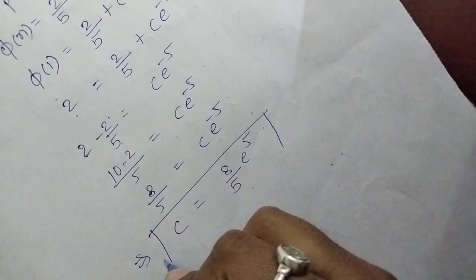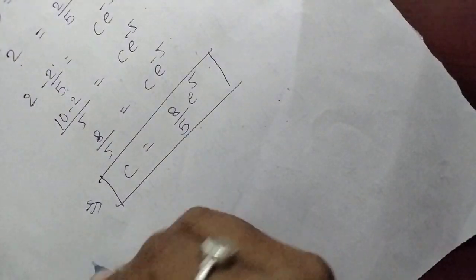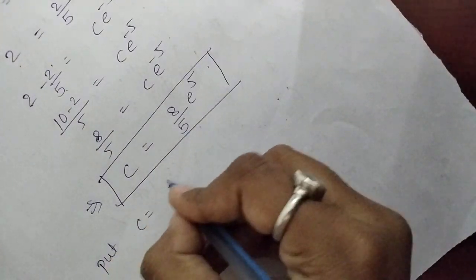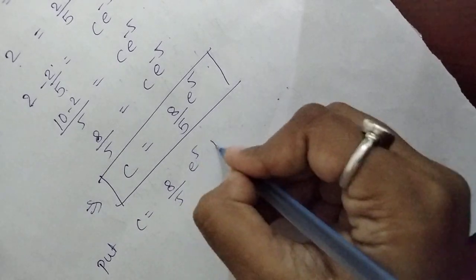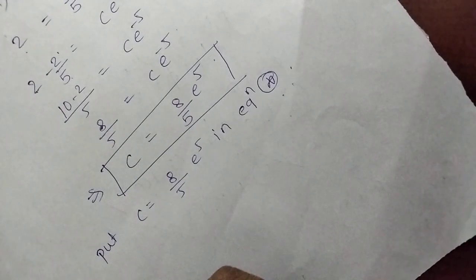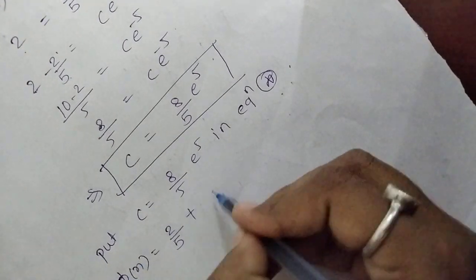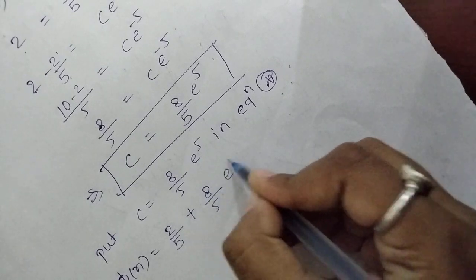Put the value of c in this equation, equation star. Put c is equal to 8 upon 5 e raised to 5 in equation star. We get phi of x is equal to 2 upon 5 plus 8 upon 5 e raised to 5 into e raised to minus 5x.